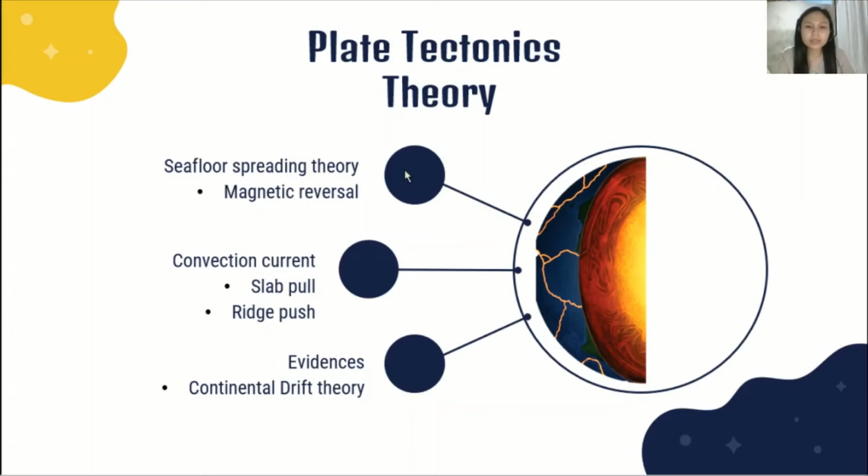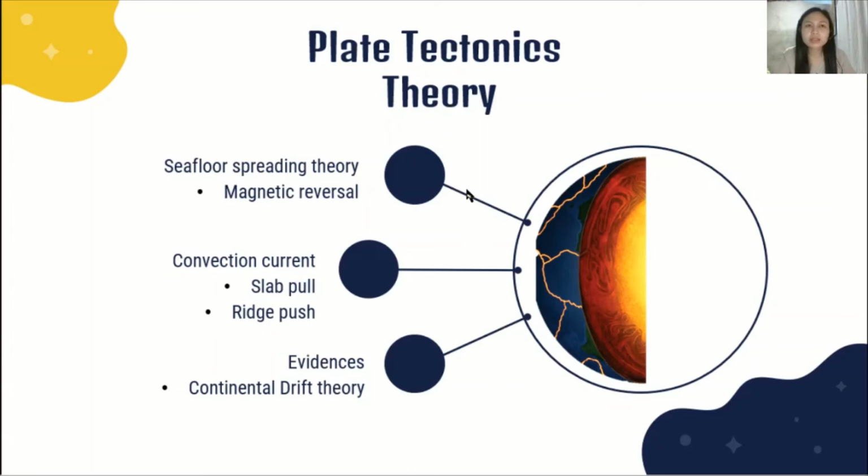So we had divided those into chunks. We had discussed the seafloor spreading and convection current. Now we will be discussing the evidences or the continental drift theory next week. Okay, so again, the plate tectonics theory is a bigger picture, and the supporting details are from these three.